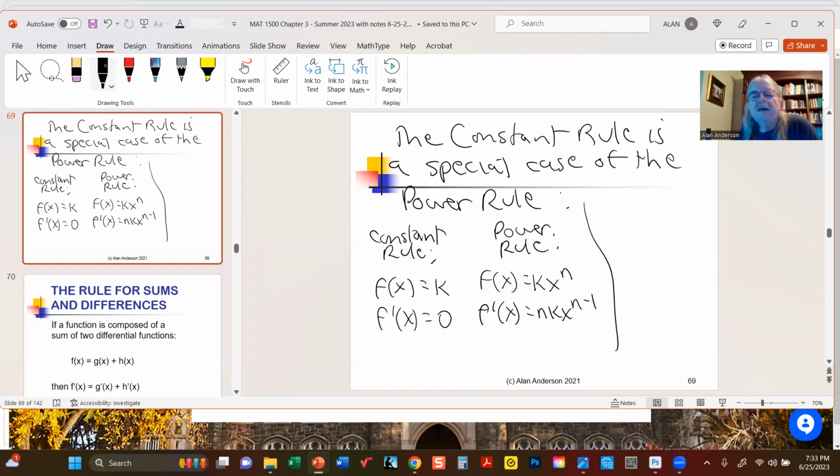So imagine you have a number like this, 7. Well, implicitly, you could write this as 7 times x to the 0 power, because x to the 0 power is just 1. And so now you can apply the power rule where k is 7 and n is 0.